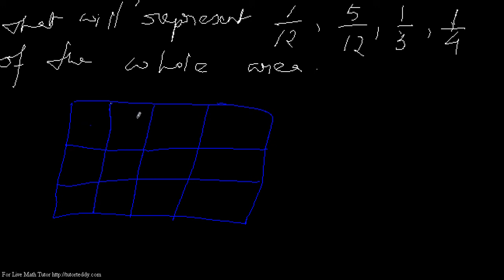So 1, 2, 3, 4, 5, 6, 7, 8, 9, 10, 11, 12. 12 equal parts I have in this whole area, and they have asked me to name the box. So I am naming it as ABCD. My whole area is ABCD.